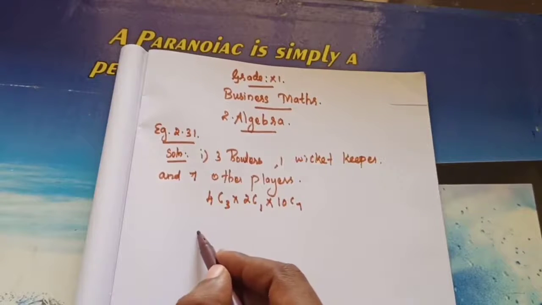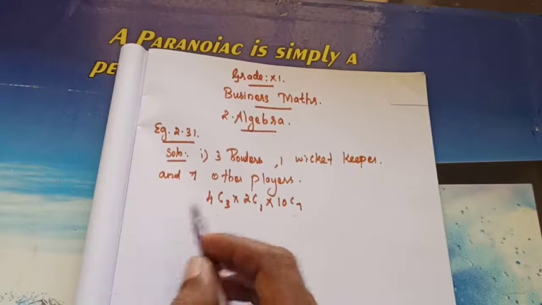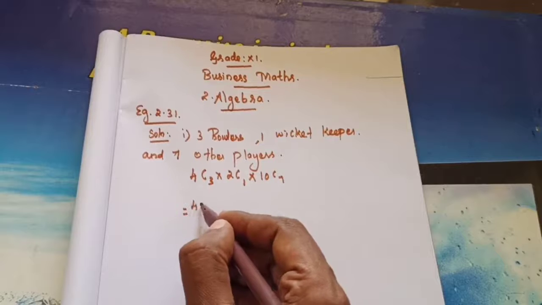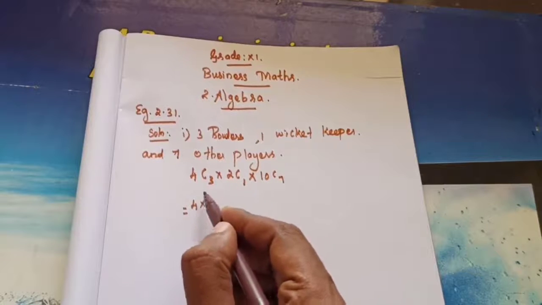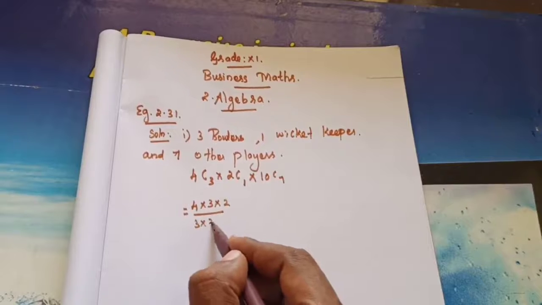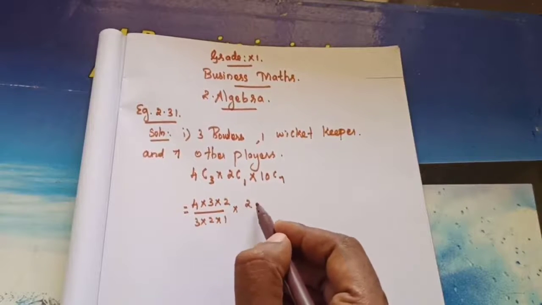Okay. So this one we need to simplify. It will be very difficult if you write everything and cancel. If you need, you can write it like this. That is 4 into 4C3, which means 4 into 3 into 2 over 3 into 2 into 1. Correct? Then into 2C1, which means 2.